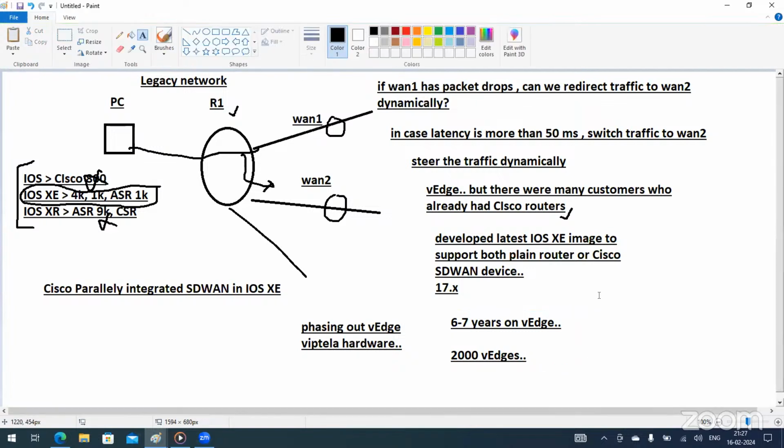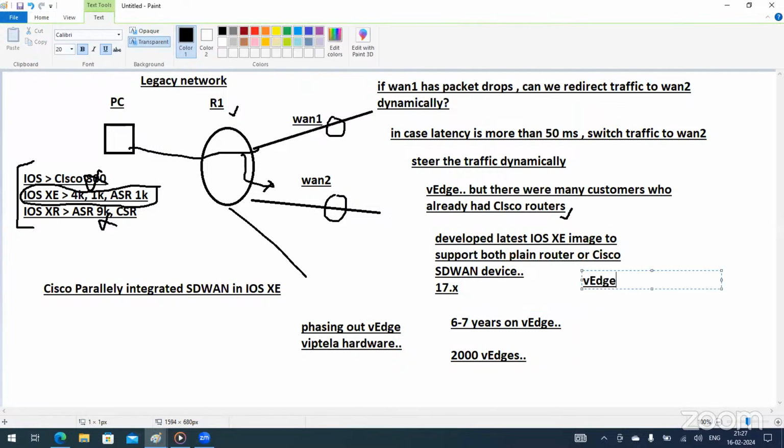Additionally, these roles, VHs or Cisco router based SD-WAN, the Cisco router one is called CH. VH is Viptela hardware supporting SD-WAN, CH is Cisco router supporting SD-WAN. Both of these can be set up virtually as well on VMs.